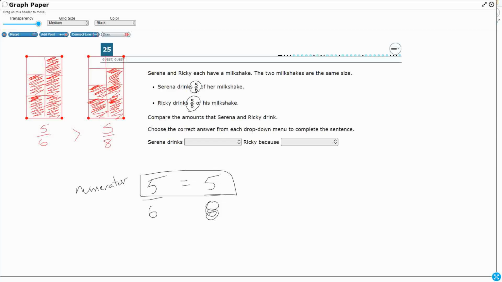What we need to remember is that the larger the denominator, it's actually going to be a little bit counterintuitive. That means it doesn't quite make sense until you think about it for a little bit. The larger the denominator, the smaller the piece.